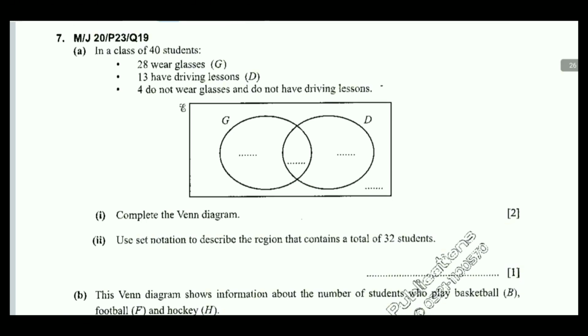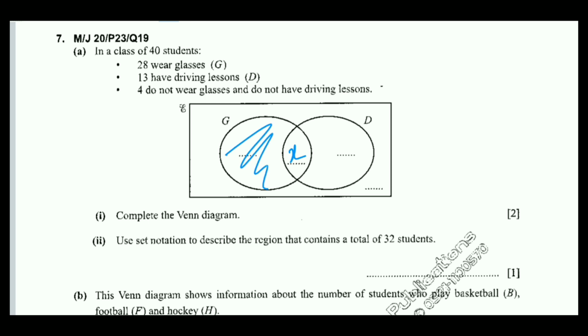So in this scenario, first of all we don't know the common numbers of G and D, so we will suppose it as X. The mid value will be supposed as X. Now what will be this part?